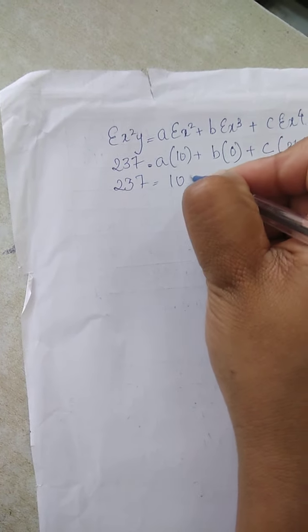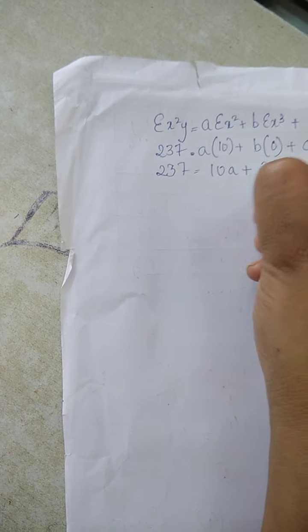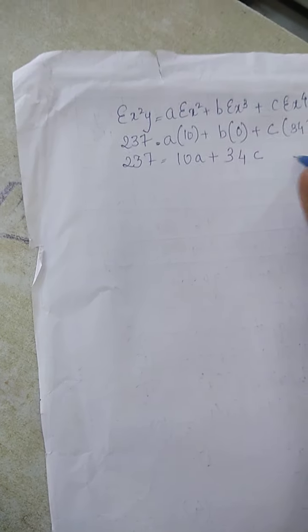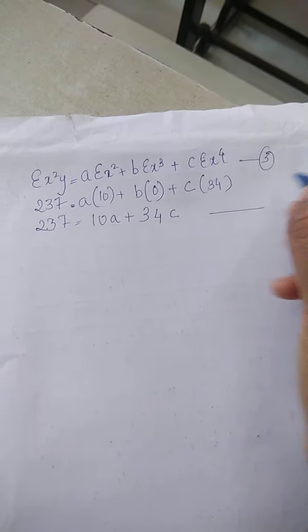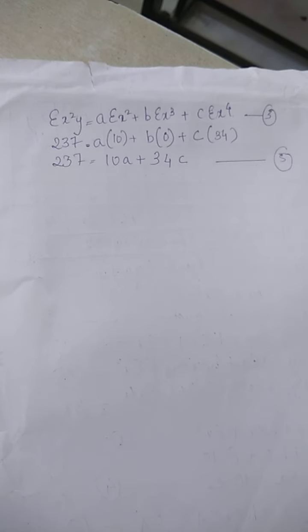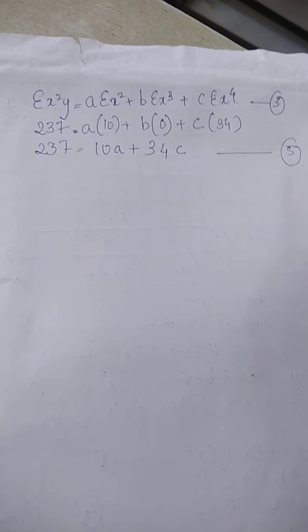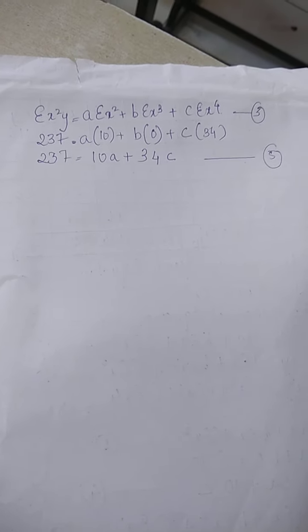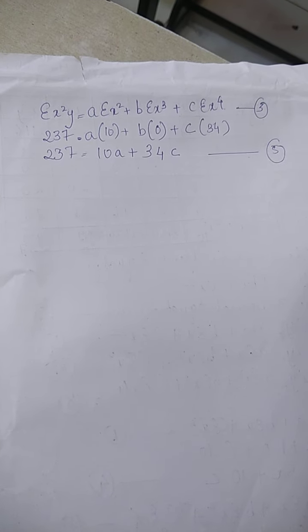Now simplify. 237 is equal to 10a plus 34c. So by the third equation we got the fifth equation. Understanding? From the first equation we got the fourth equation, from the second equation we got the value of b, and from the third equation we got the fifth equation. Now you have to compare the fourth and fifth equation.